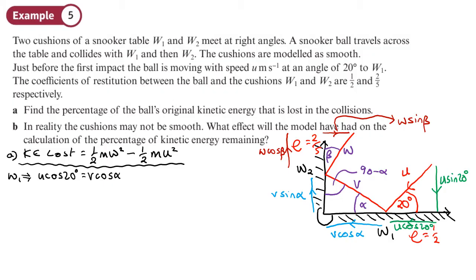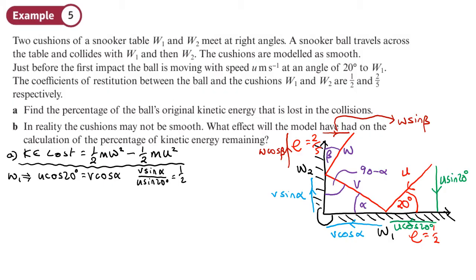Then if we look at what's going on perpendicular to W1, we've got our speed of rebound, which is v sine alpha, over the speed of approach, which is u sine 20, equals e, which is going to be a half.